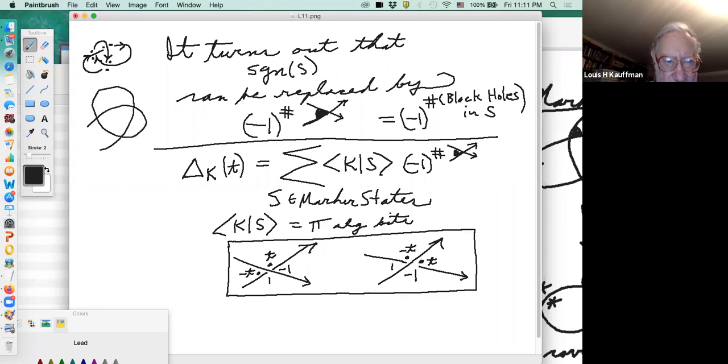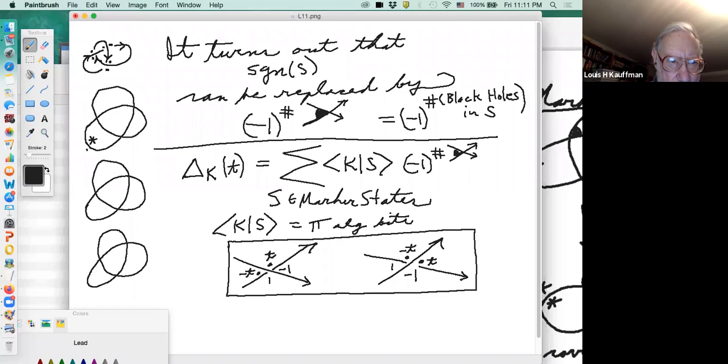There are 3 states. Here's one. Here's another. And here's a third.